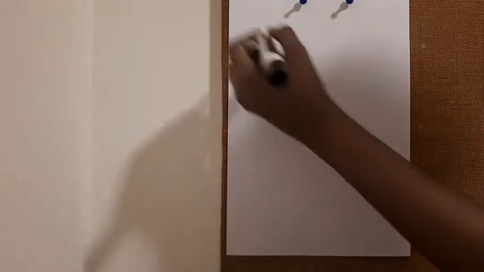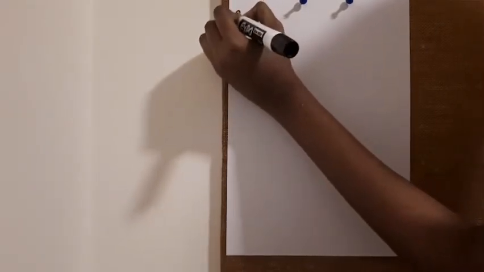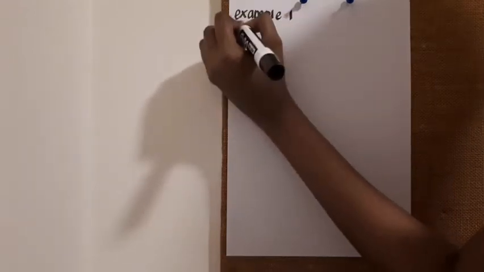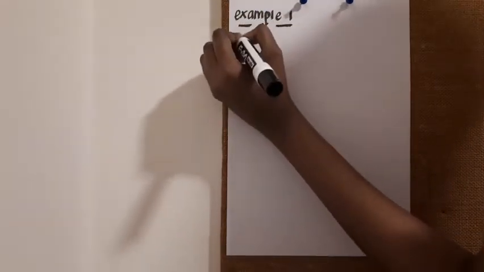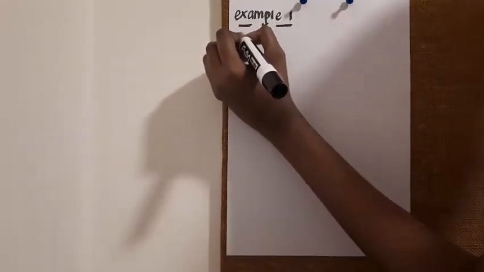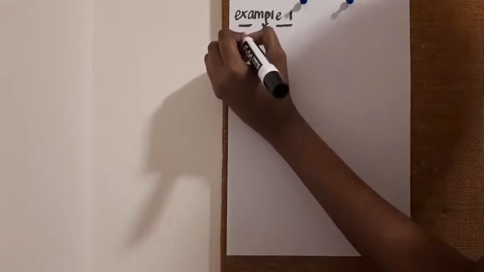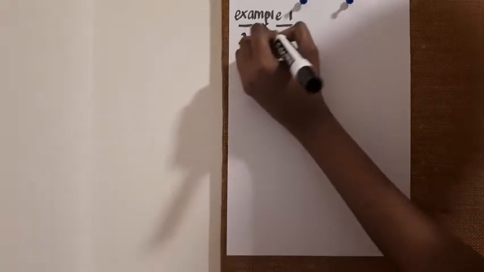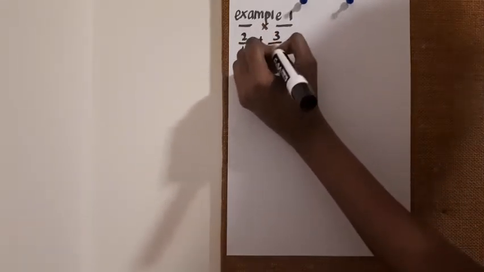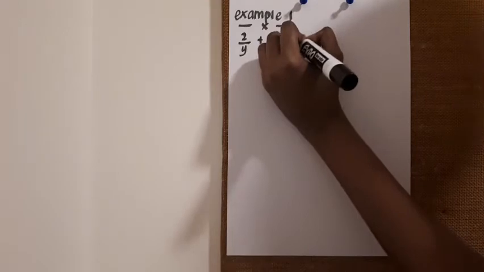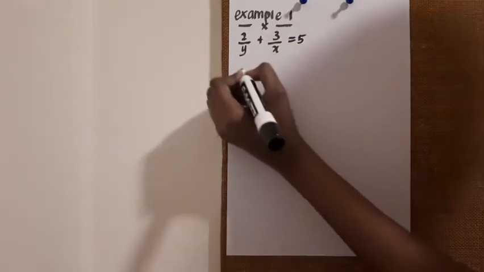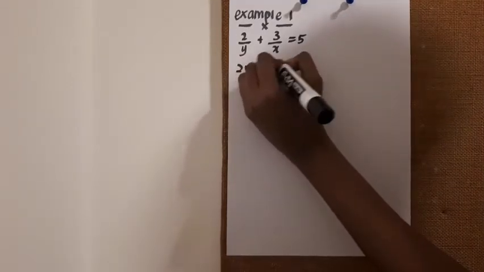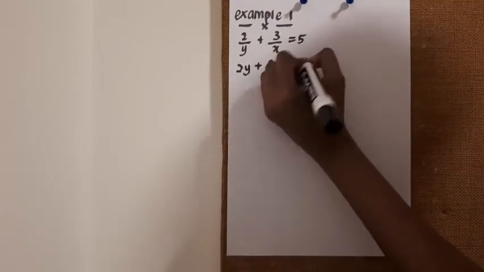Okay, and we're going to look at example 1 where we can use the simultaneous equation. So we are given two equations, and equation 1 is going to be 2 over y plus 3 over x equals to 5, and 2y plus 3x is equals to 10.